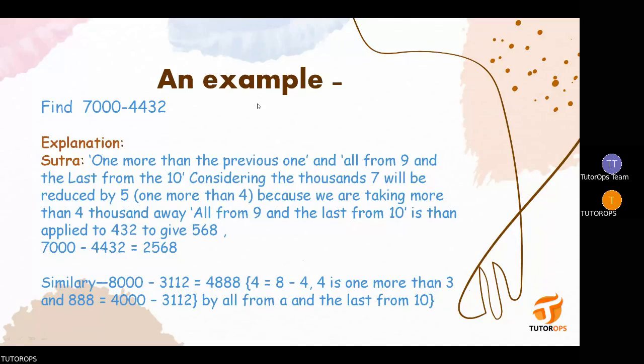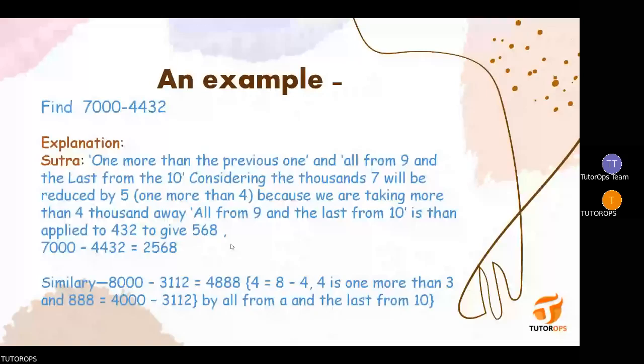Similarly, 8000 minus 3102. In this method also, consider 1000 as 1 unit and 8000 as 8 units, 3000 as 3 units. So 3102 means a number which is a bit greater than 3 units. When we subtract a number greater than 3 units, the result will be greater than 4 units but less than 5 units.